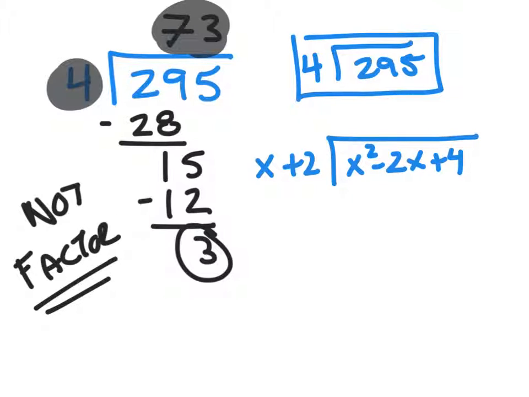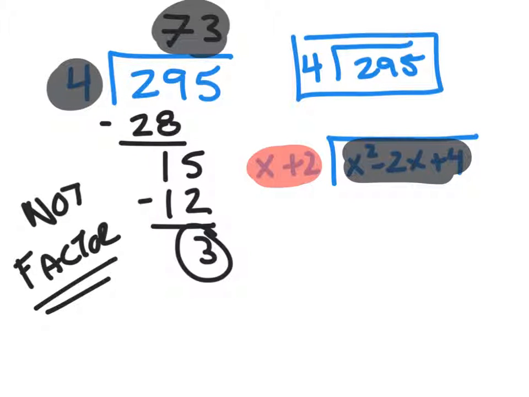But the idea will be the same, and I'll show it in the next one. But basically, we're going to take this guy and divide it into this guy to see if it divides into it cleanly, and to see if there's a remainder or if we get a factor from it. I'll demonstrate that in the next video.